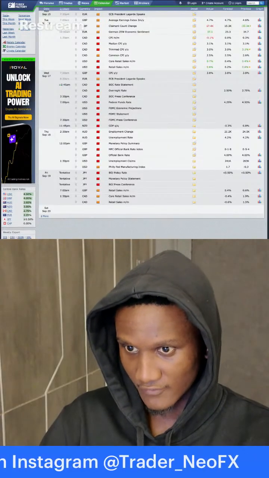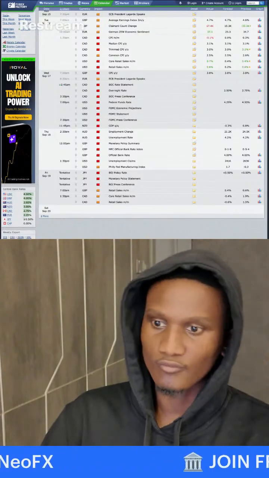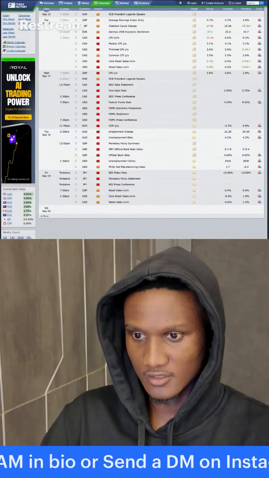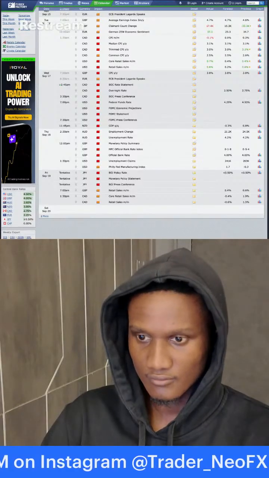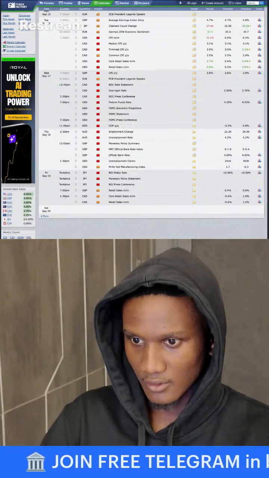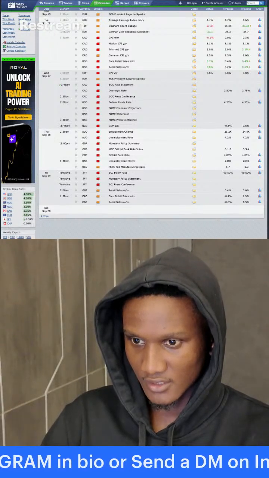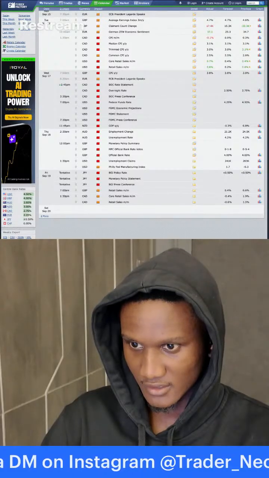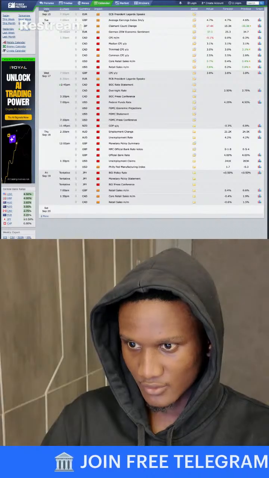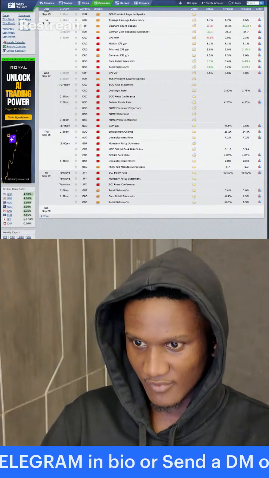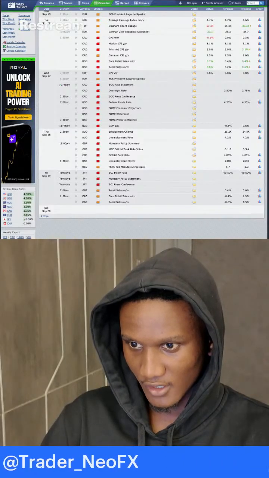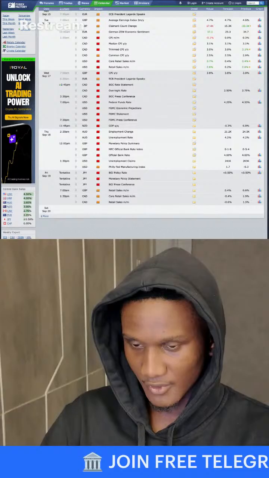For the CAD, and then for the US dollar by 7 p.m., we're going to have the Fed funds rate and FOMC economic projections. So these are things we are expecting today on the dollar. Then we'll also have the FOMC statement and press conference by 7:30 p.m. And lastly, closing up the day, by 11:45 p.m. we are going to have the GDP news release for the NZD currency pair.